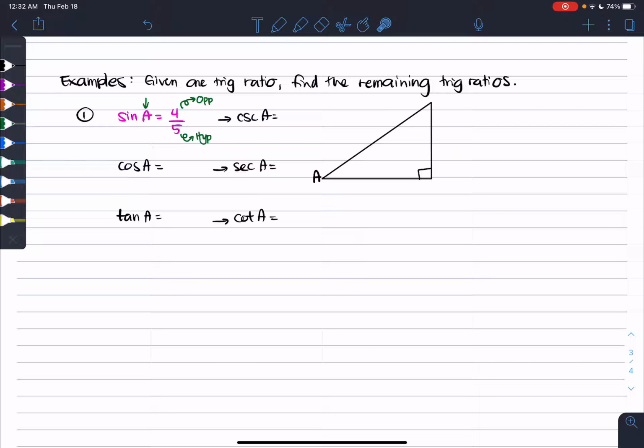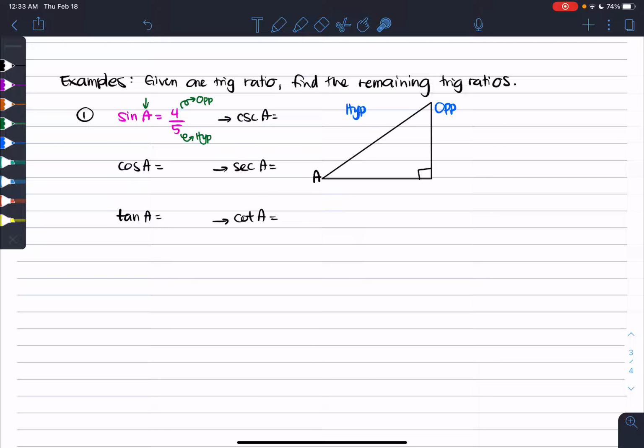Now, when we're looking at this triangle, opposite of A is this side here. The hypotenuse is this longest length here.